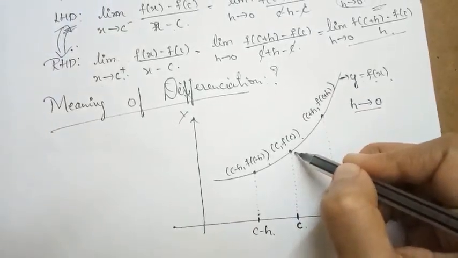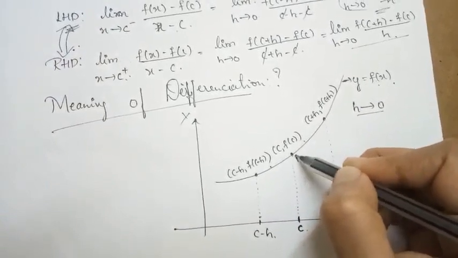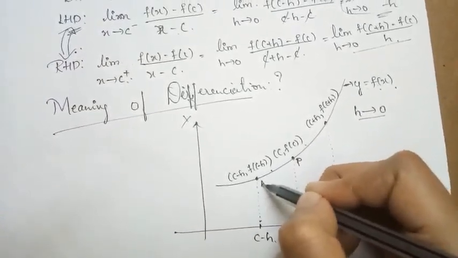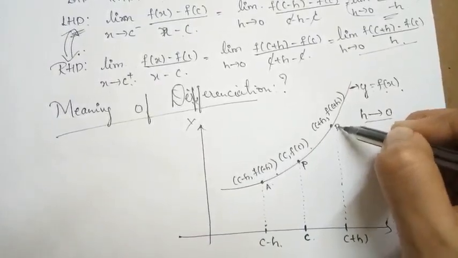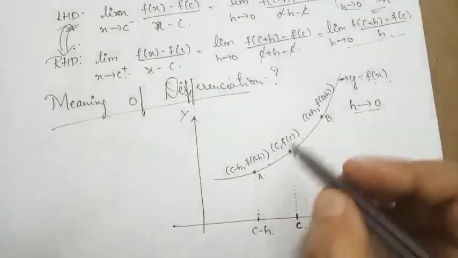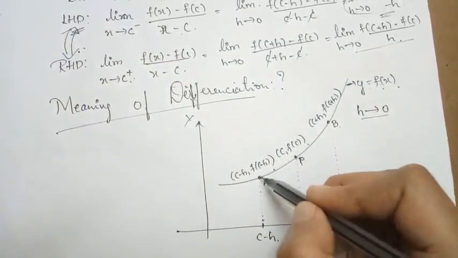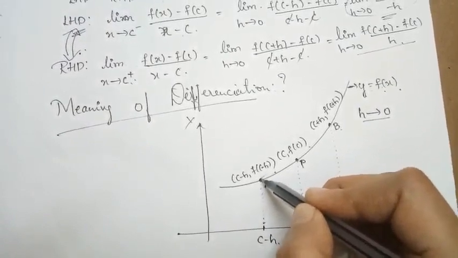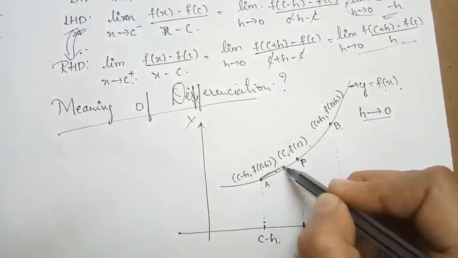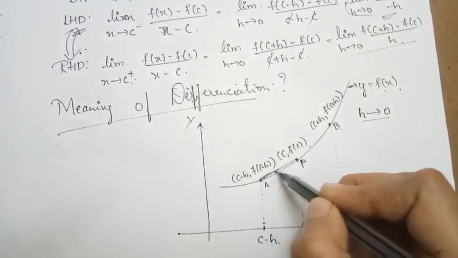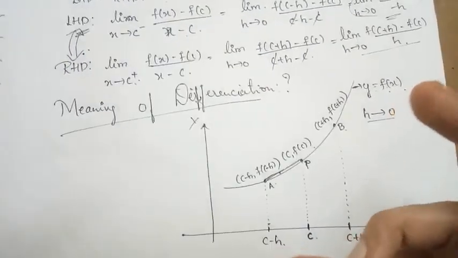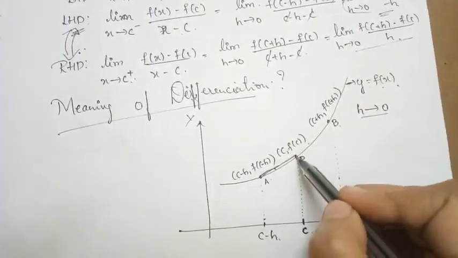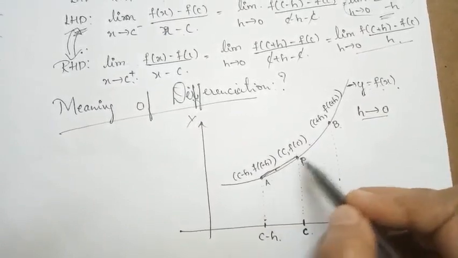I name these points: this point is P, this point is A, and this point is B. Now I will join A and P through a line, so I get a straight line, the line AP.